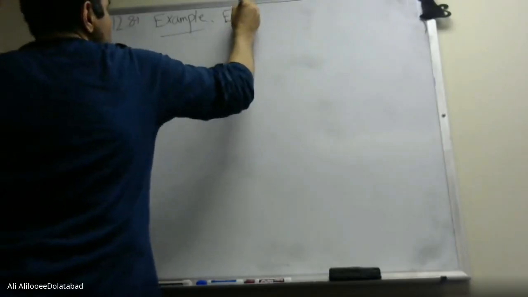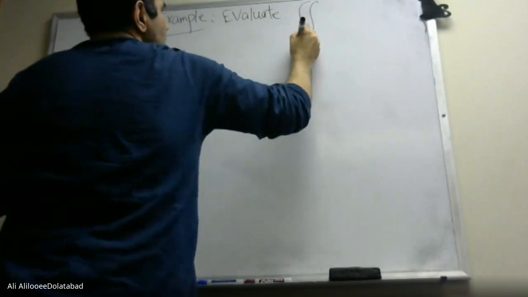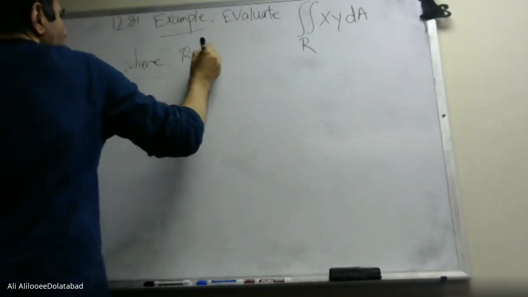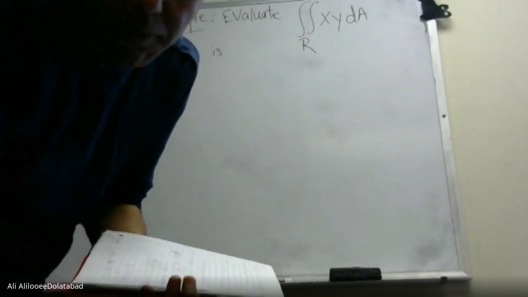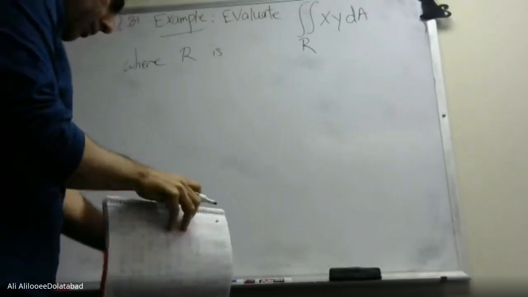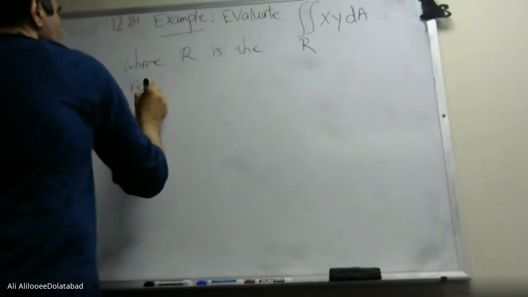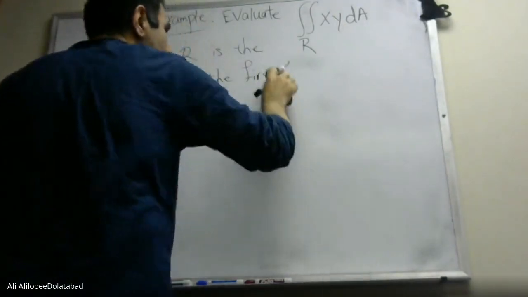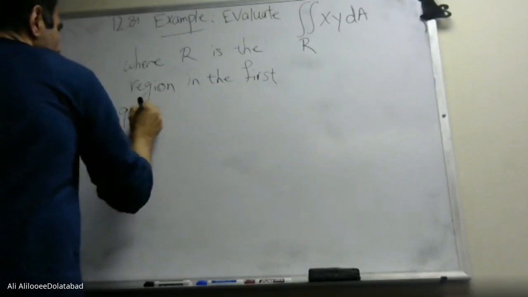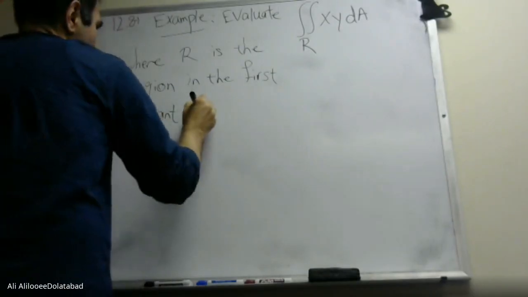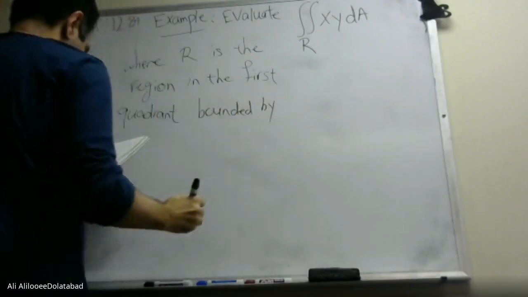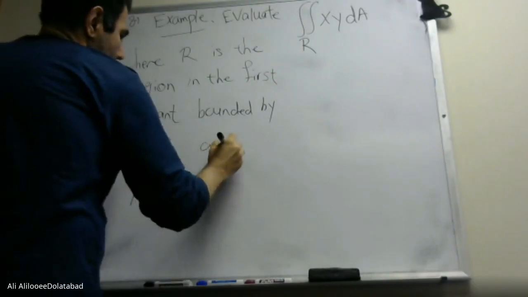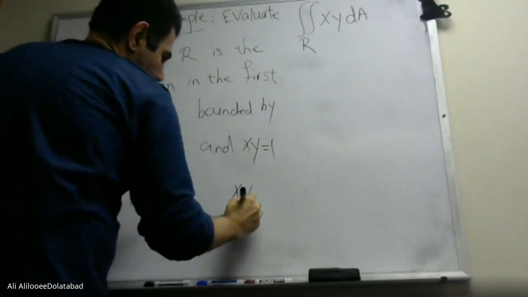Evaluate the integral over R of xy dA, where R is the region in the first quadrant bounded by these lines: y equal x, y equal 3x, and xy equal 1, xy equal 3.